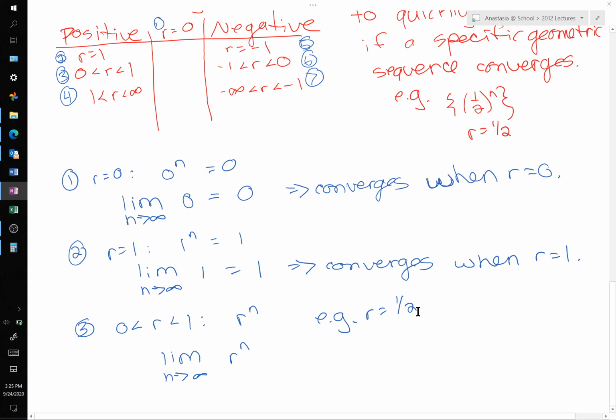The numerator stays the same, the denominator is getting bigger, so the sequence as a whole goes to 0, which means that the sequence converges when r is between 0 and 1.